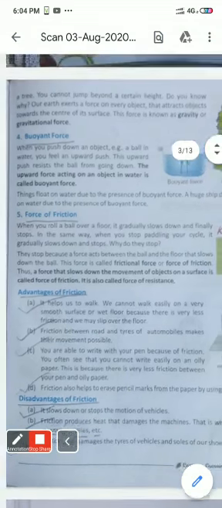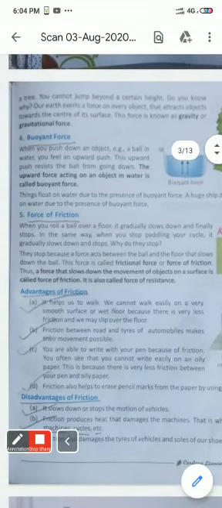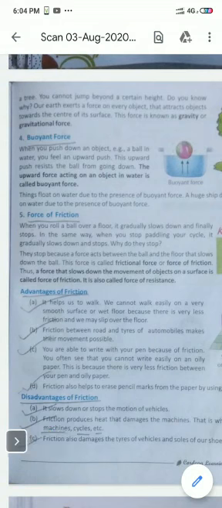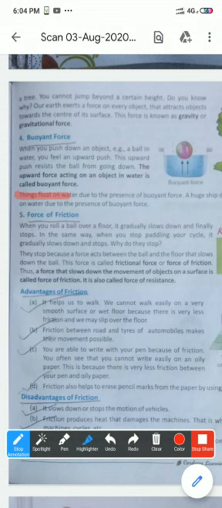That means some force is being applied from the opposite side. That particular force we call frictional force. So how can we define it? A force that slows down the movement of an object on the surface is called force of friction. Sometimes it can be called force of resistance also.